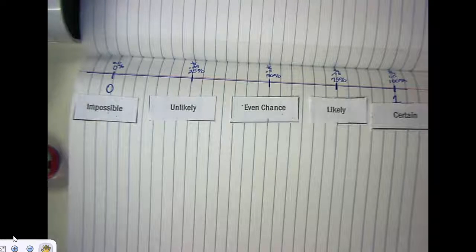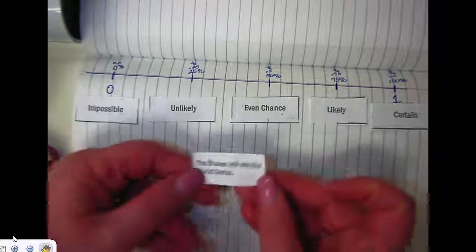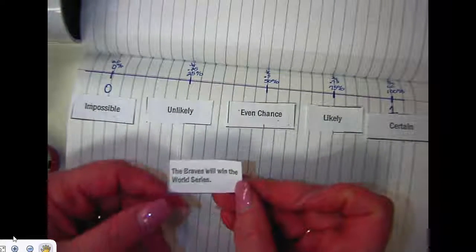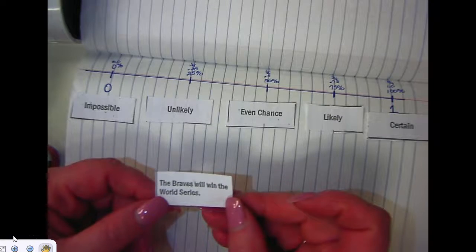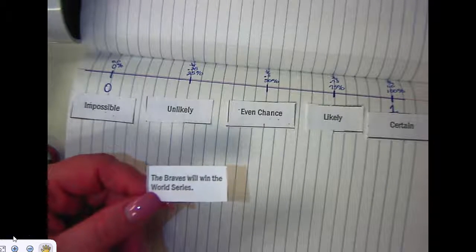All right. So let's look at these other things, and we're going to try and think about what the probability is that these things will happen. Let's start right here with the Braves. What do you think the likelihood is that the Braves will win the World Series? Do we already know if they're going to win or not?